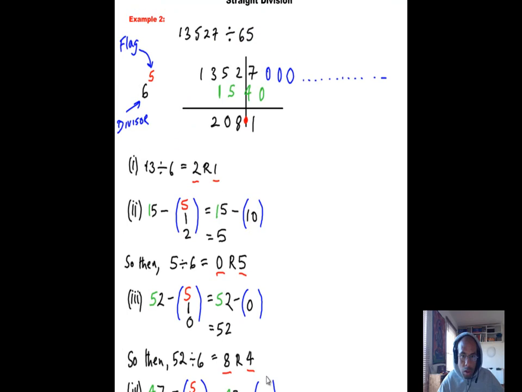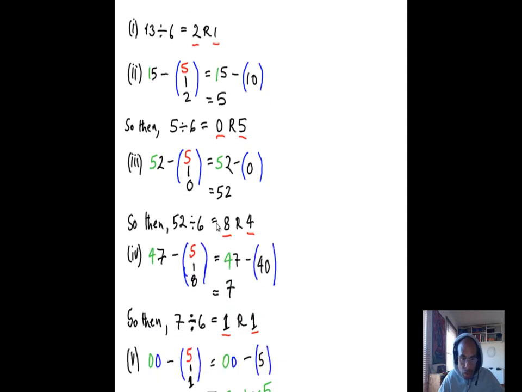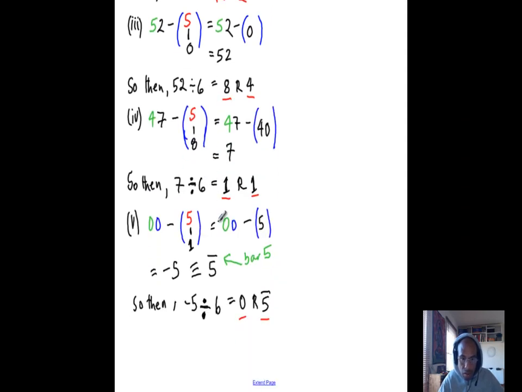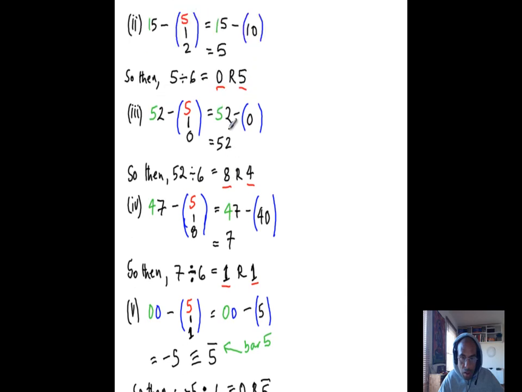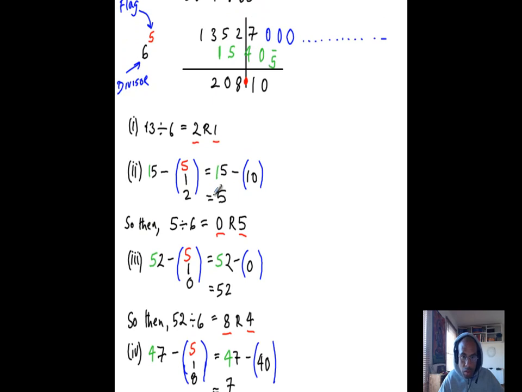0 minus 5. So 0 and minus 5 prepended to the 0 here. So 1, 2, 3, 4, 5. Let's just come to the top. So we have stage 6 now.